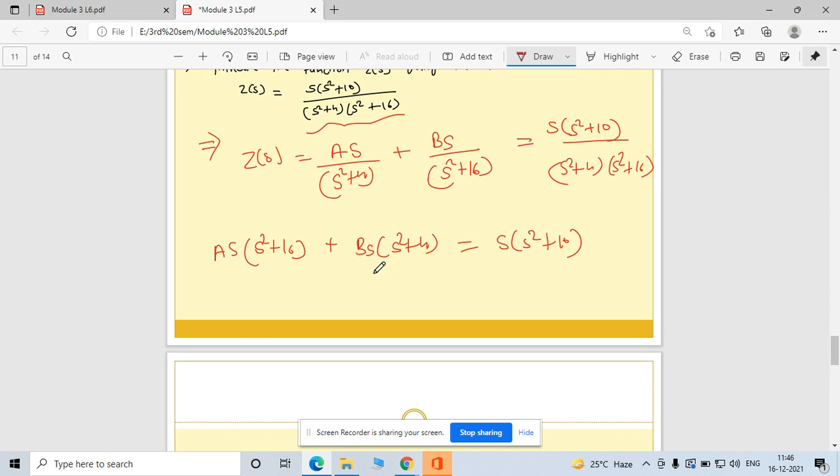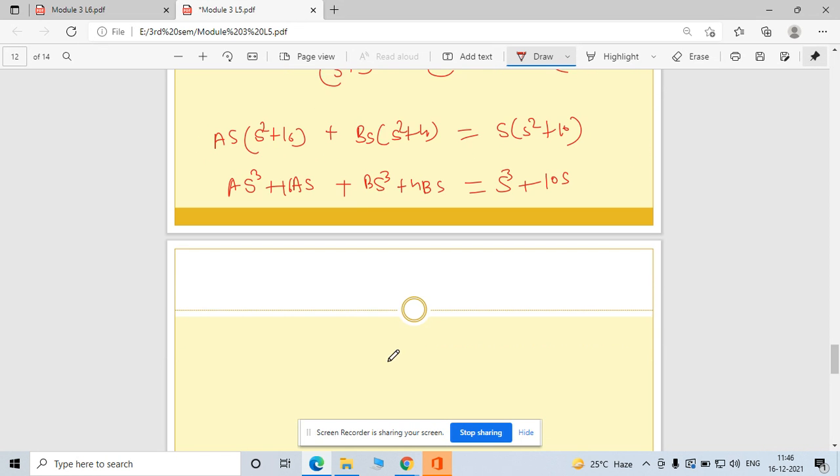Now solve that and compare the equations. This is nothing but a s cube plus 16 a s plus b s cube plus 4 b s is equal to s cube plus 10 s.